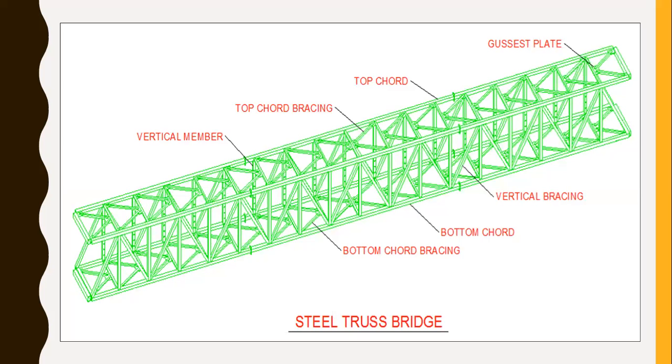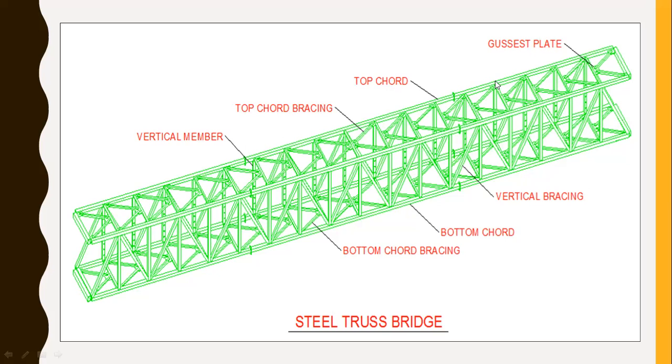This figure shows the steel truss bridge. Here there are some indications of points. First are vertical members, which are placed vertically, as you can see in this figure. The crossings provided at the top portion are called top cross bracings. Bracings means cross lines, cross sections.